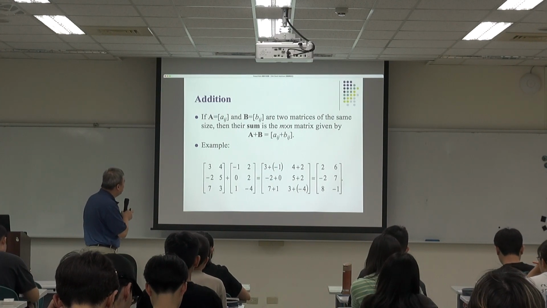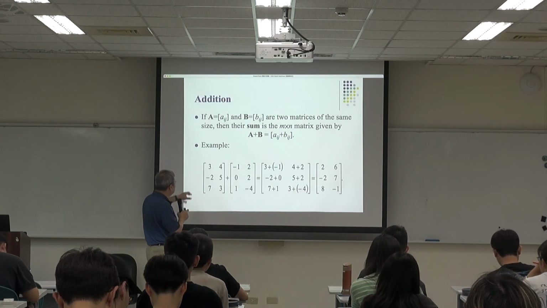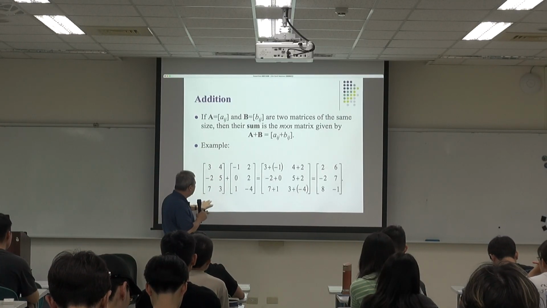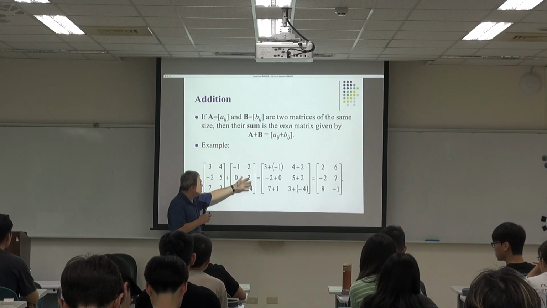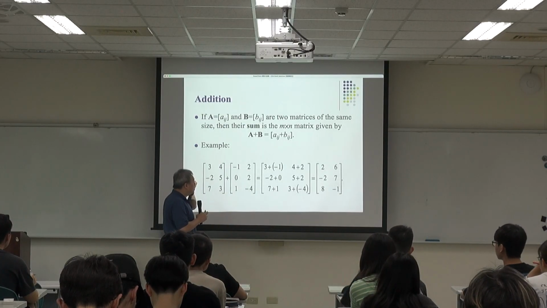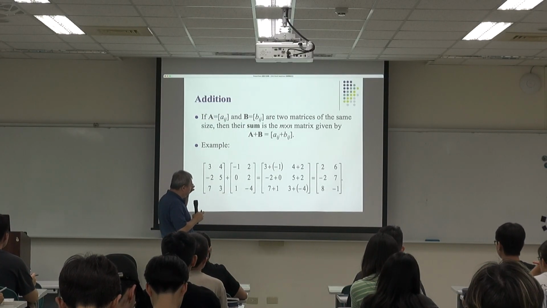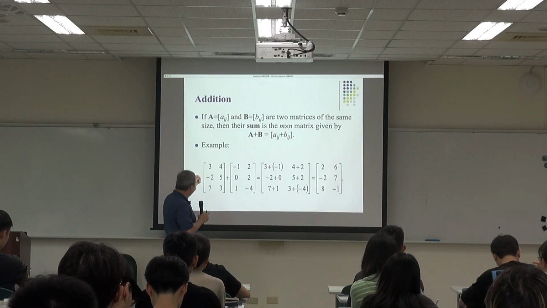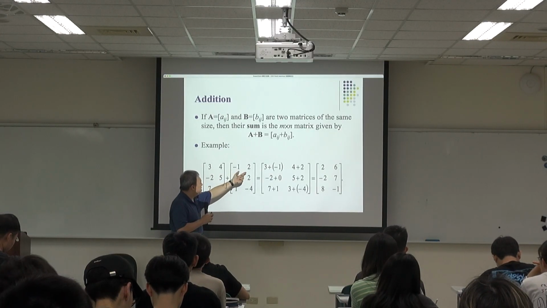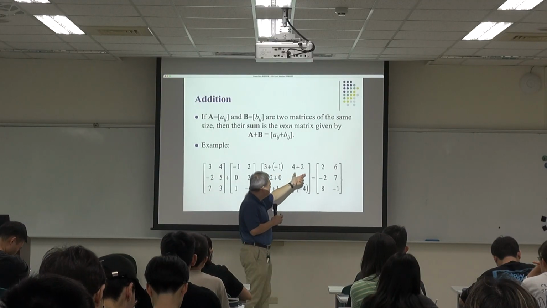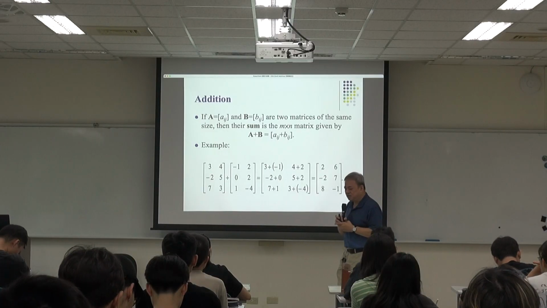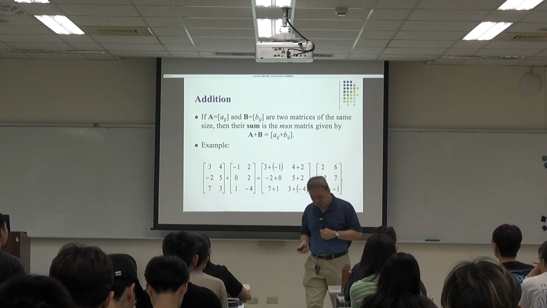For example, here we have a 3 by 2 matrix and another 3 by 2 matrix, so they have the same size. If you add them up, you can see we add every corresponding element together. So this is the result. I think this is pretty straightforward.